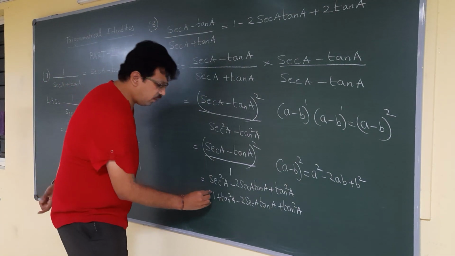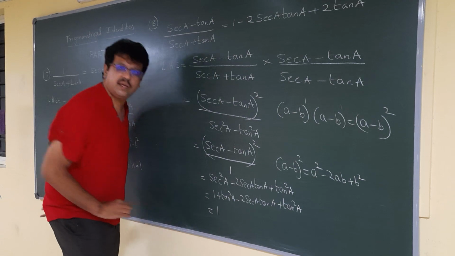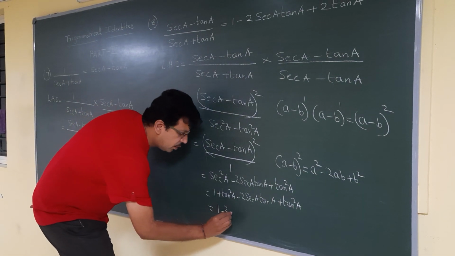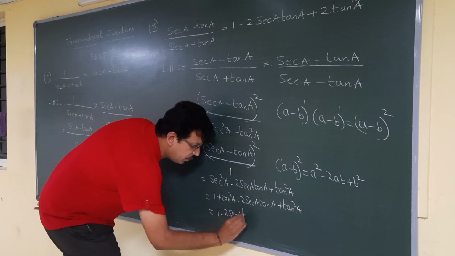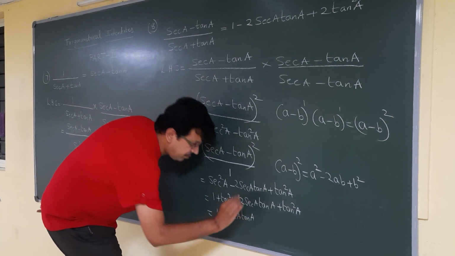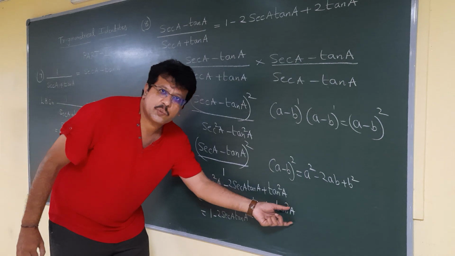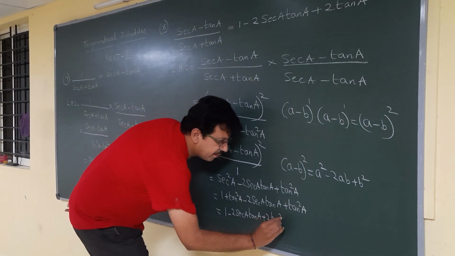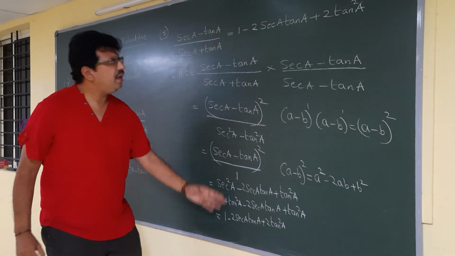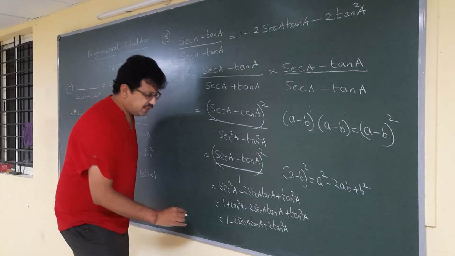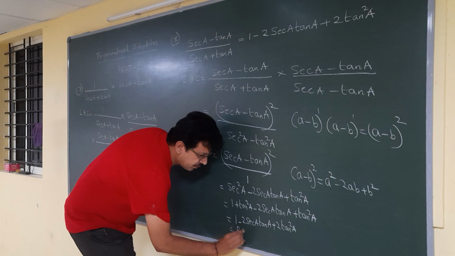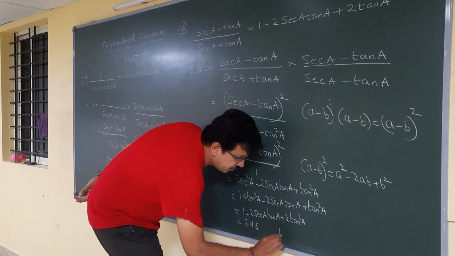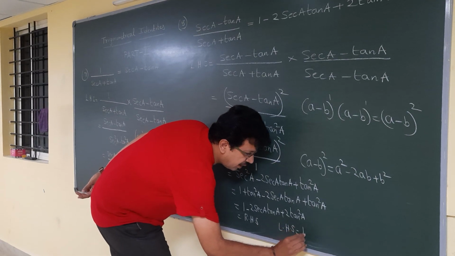And first we will write 1, we rearrange the terms: 1 minus 2 secant a into tan a, plus tan square a plus tan square a, which is 2 tan square a. So children, you can observe very clearly it is RHS. So we have proved LHS equal to RHS.